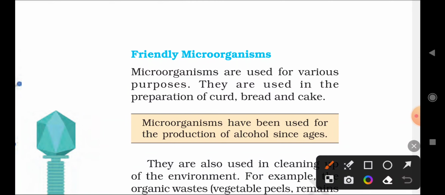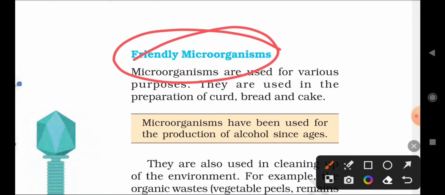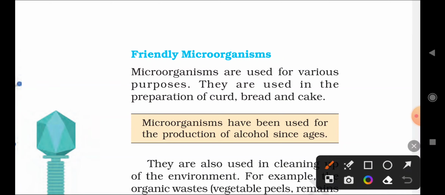Okay, first we'll discuss friendly microorganisms, the microorganisms which are good to human beings. Microorganisms are used for various purposes. These friendly microorganisms are used in a variety of ways. They are used in the preparation of curd.